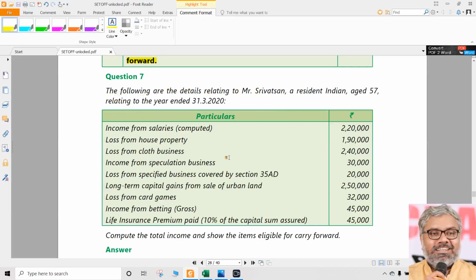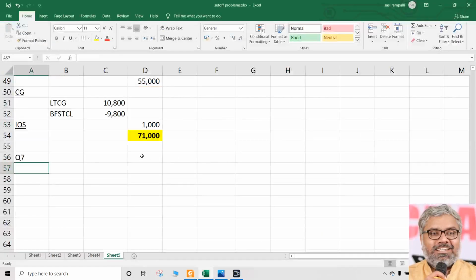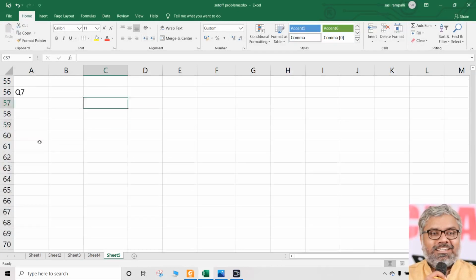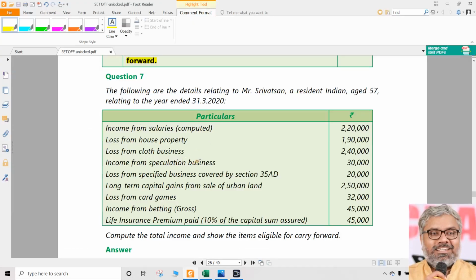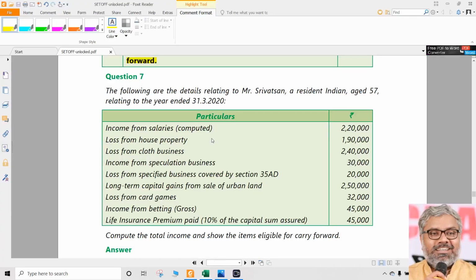So details are given, all things are the same, everything as usual, what we normally do. We have to take the inner column and outer column, and take the heads of income one by one. So there is income from salaries, definitely, that is a head of income which is there. And income from house property is not there, but loss is there.